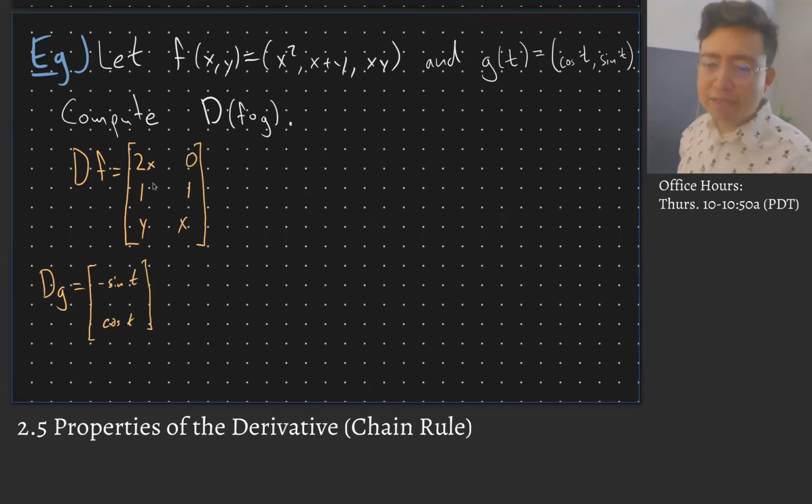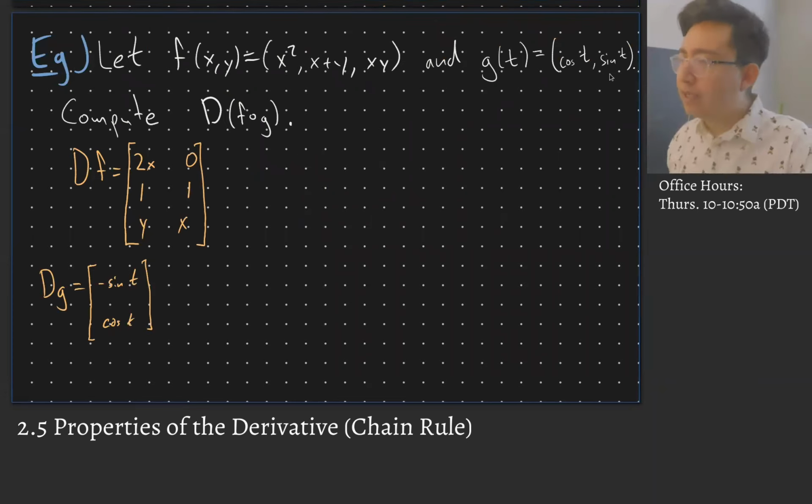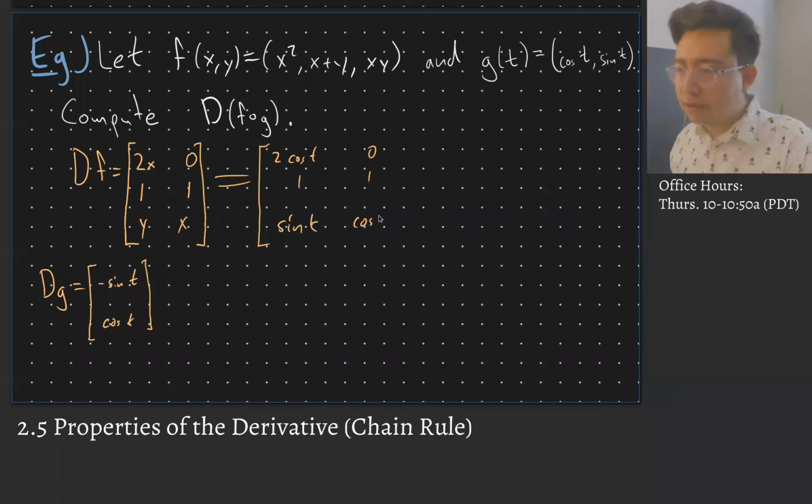So here what that means is that x is going to equal the x coordinate of g and y is going to equal the y coordinate of g. So we plug in g of t and we get 2 cosine of t, 0, 1, 1, and then sine of t, cosine of t.